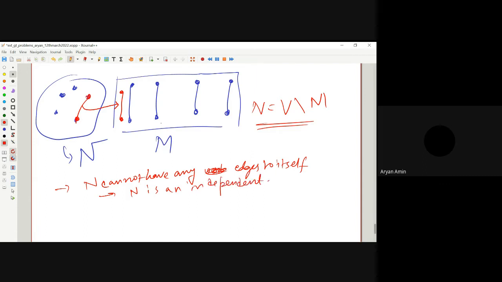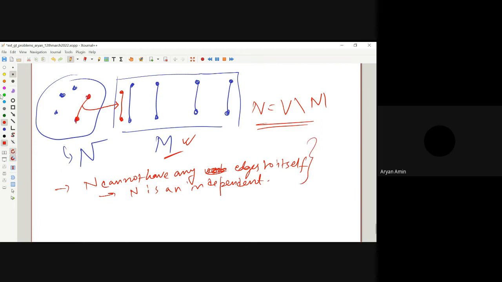If you focus on a maximal matching, then the other part of the graph must necessarily be an independent set. If it is not, then you can find an edge inside the other part of the graph, and you can just add that edge to the subgraph M, which is the maximal matching, and increase its size, which would be a contradiction, right? So this is a very important property.